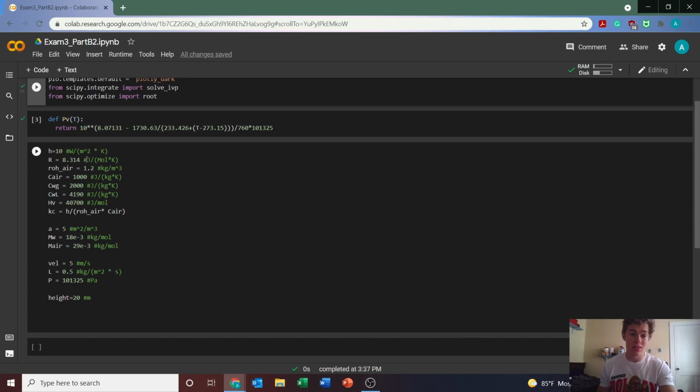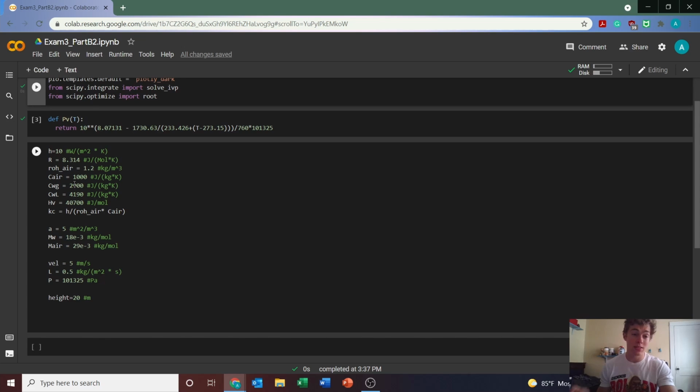Then we have the gas constant, which is 8.314 joules per mole per Kelvin. Then we have the density of our air, which is 1.2 kilograms per meter cubed. Then we have the heat capacity of our air, which is 1,000 joules per kilogram per Kelvin.